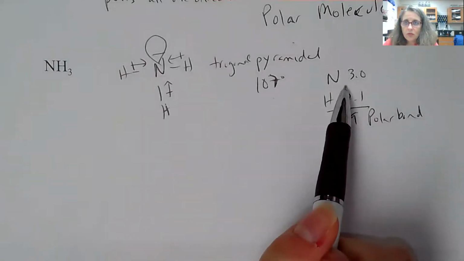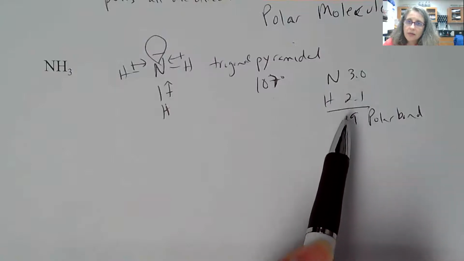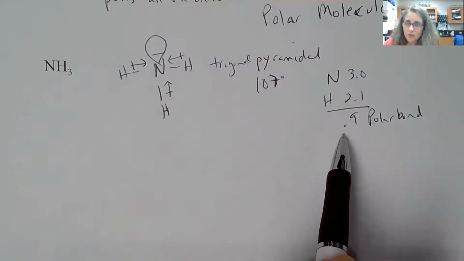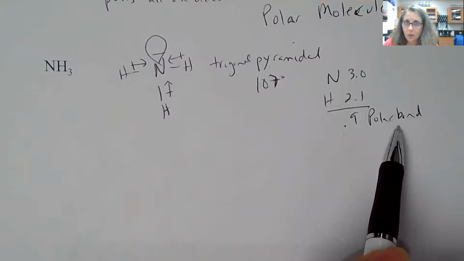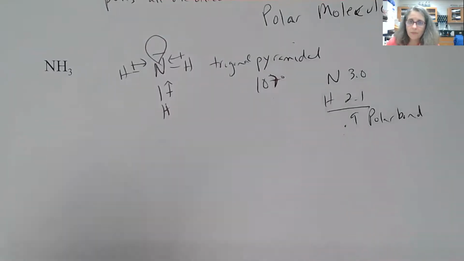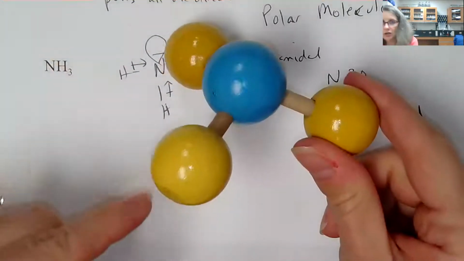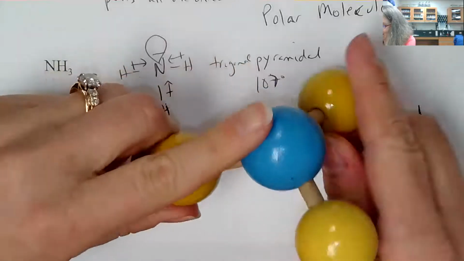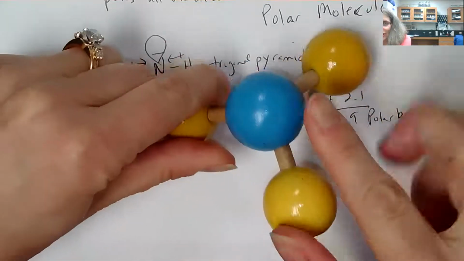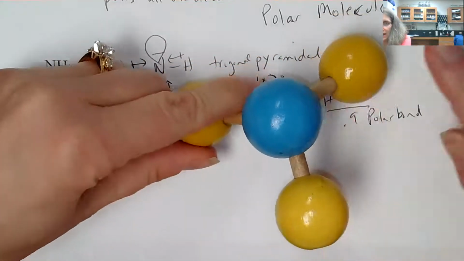If I look up nitrogen, it has an electronegativity value of 3, hydrogen is 2.1. When I subtract them, I get 0.9, so I get a polar bond. But what I want to know is, what about the molecule? Is that going to be a polar molecule or not? This one is much harder to do with my fingers, because I need like 3 good fingers here. They're all pulling towards the nitrogen.